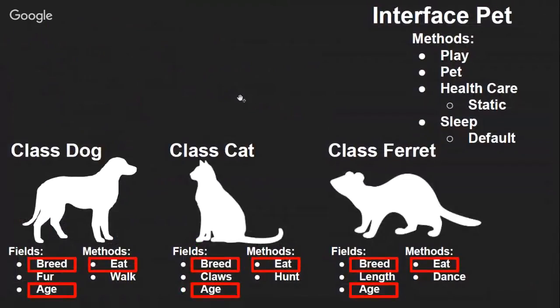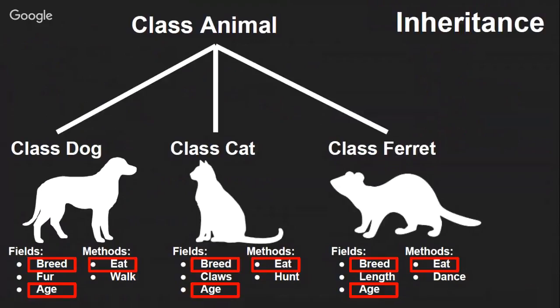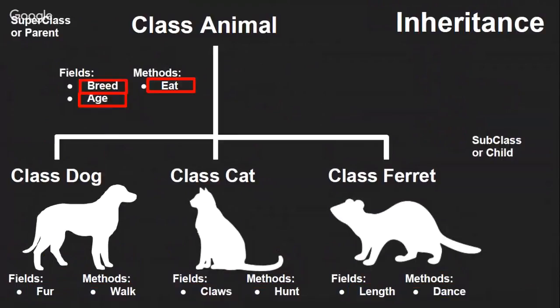we see here the three classes have fields and methods in common, the breed and the age, and in the methods, the same method. So we are going to create a superclass, a class animal, and the classes dog, cat, and ferret will inherit their properties from this parent class.